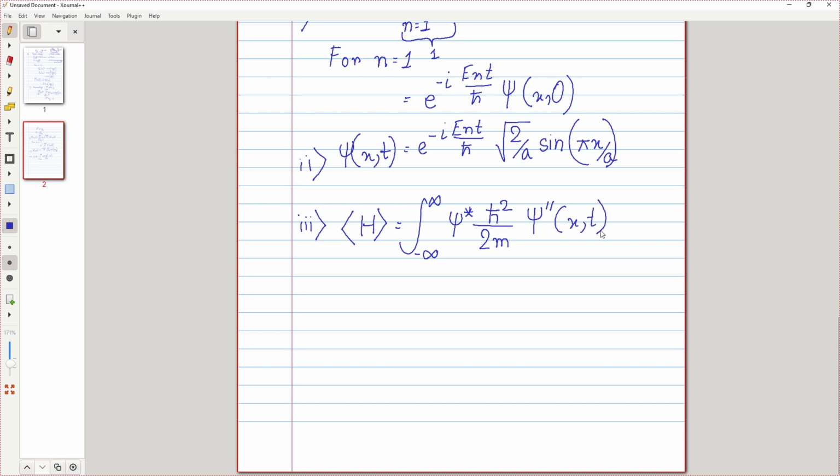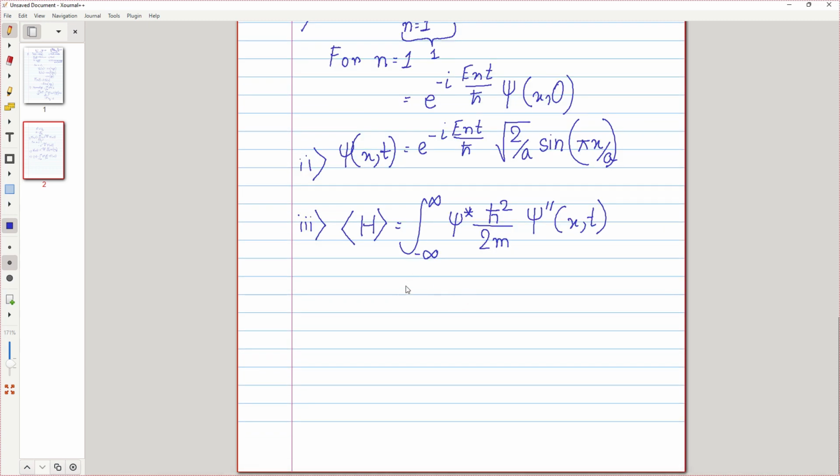Basically we are considering the energy of the particle in the square well. We are considering the average energy, we are not taking only one particle, so we need to take the average value. So this is the average value of the energy of the particles. This is now question number 1's part number 3.